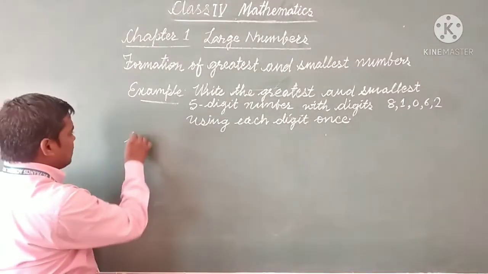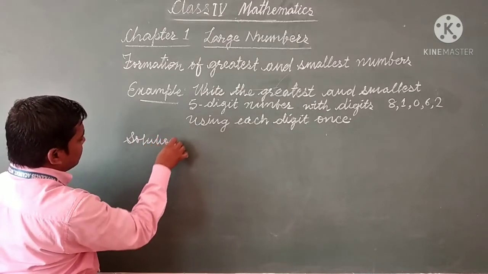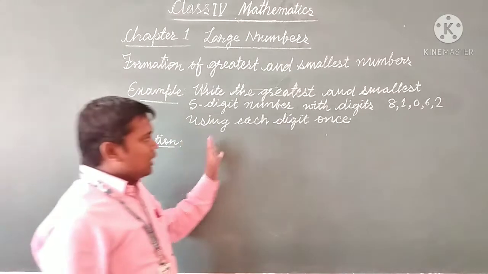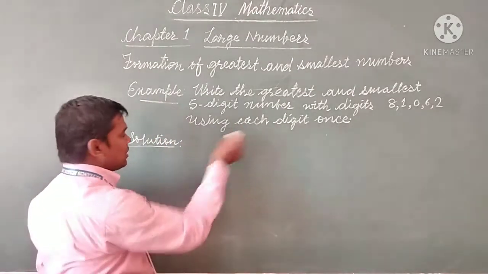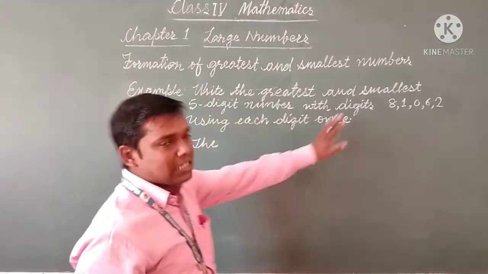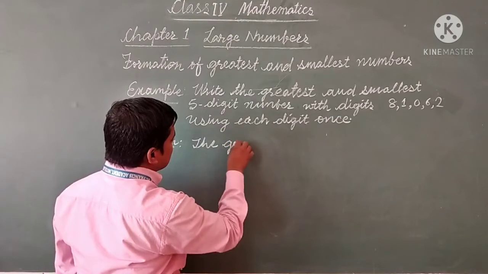So we start to write the solution. The greatest 5-digit number will be written with the given digits.